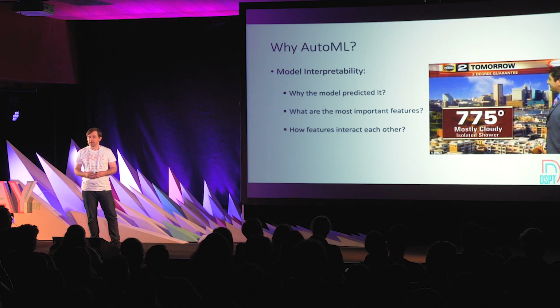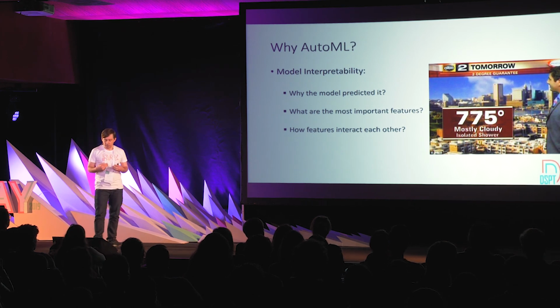Model interpretability is a hot topic right now. It's about understanding how the model is predicting, right? Why the model makes that decision when predicting something using the information it was fitted on.